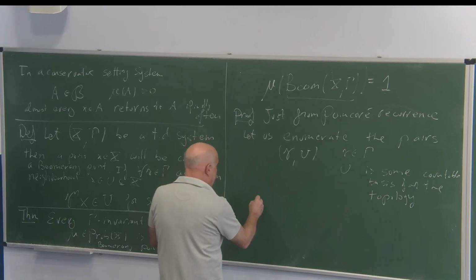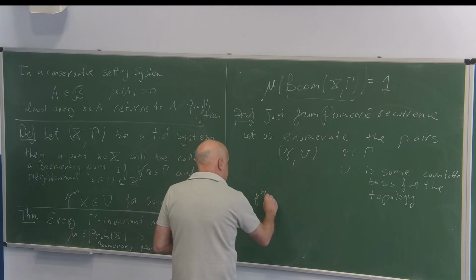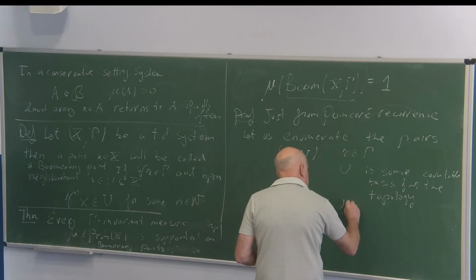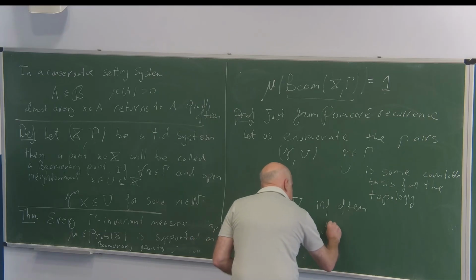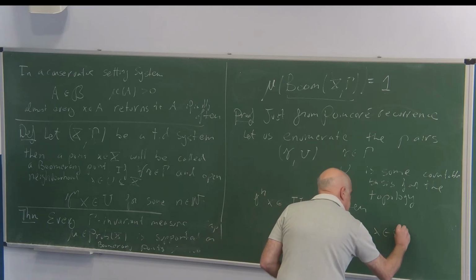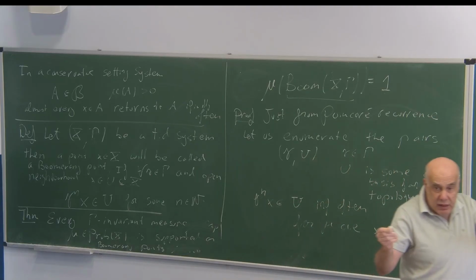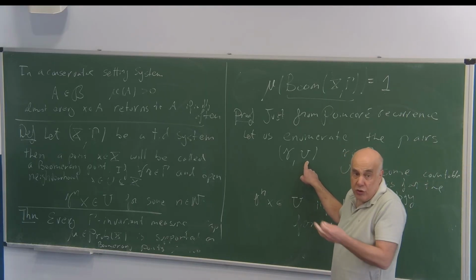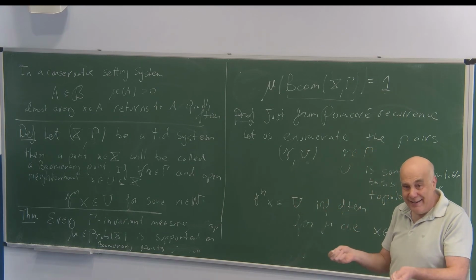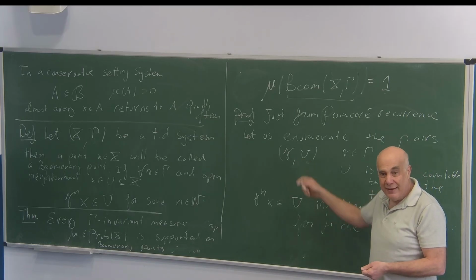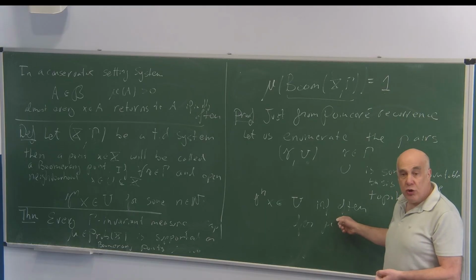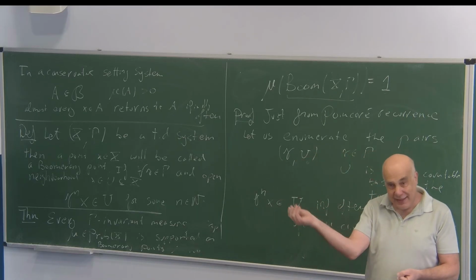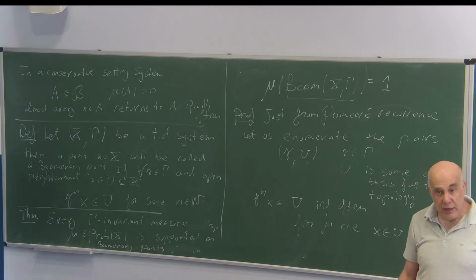And by Poincaré recurrence, gamma^n x comes back to u infinitely often for mu almost every x in u. It might happen that this specific measure that you chose actually renders u to be a null set. I don't care. In this case, it's really not significant what happens in this set. But this is just what Poincaré recurrence says. And if u is a positive measure set, then almost all points will come back.